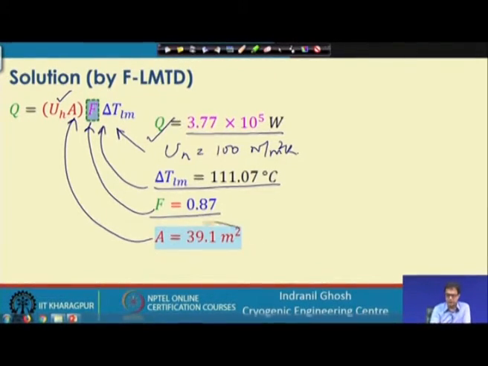Accordingly, we find the area to be 39.1 meter square. In our earlier calculation we got a similar value, 39.1 or 39.7 meter square. That discrepancy is mainly because we have estimated the correction factor, so there are inaccuracies involved, and the inconsistency in the area calculation is because of that.